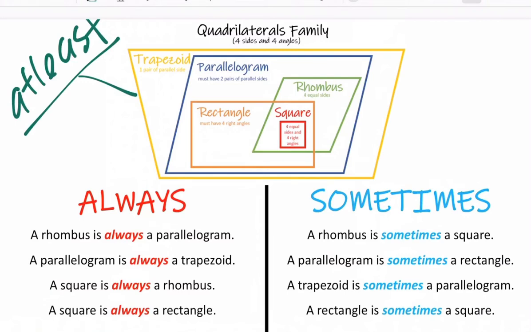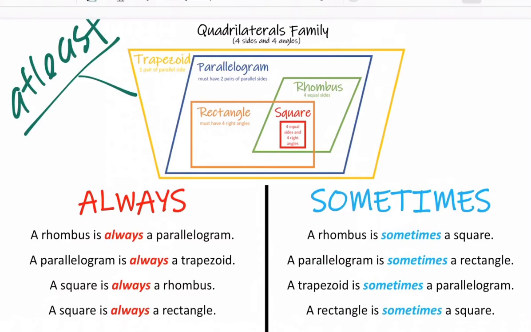We know that a rhombus is always going to be a parallelogram, because the rhombus in the diagram is in the parallelogram, and by definition it will always have two pairs of parallel sides.